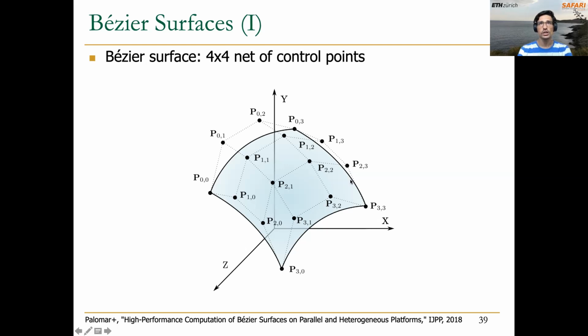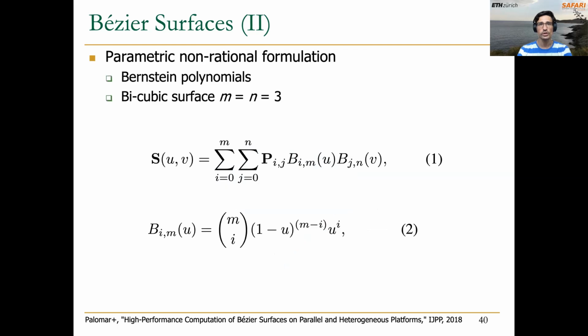As you can see here in this example, we have a 4x4 net of control points. These Bezier surfaces use Bernstein polynomials. We consider in this example a bicubic surface where m and n are equal to 3. These are the control points that we have in both dimensions, and this is the way that we compute the points of the surface based on the control points.